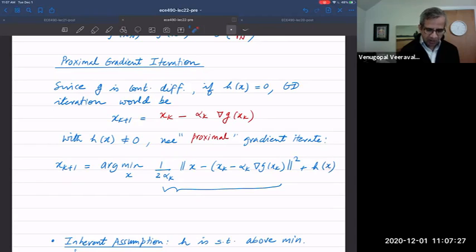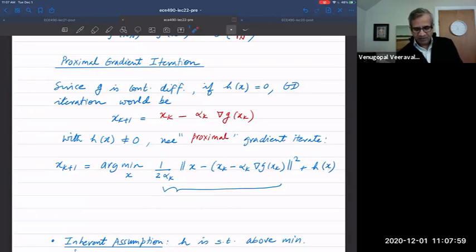So at each iteration we try and minimize h of x, but we want to keep the minimum value close to the gradient step of g. That's why it's called the proximal gradient method. So basically in each iteration you're trying to be as close to the iterate that you would have had with just g, but you're also trying to minimize h simultaneously.